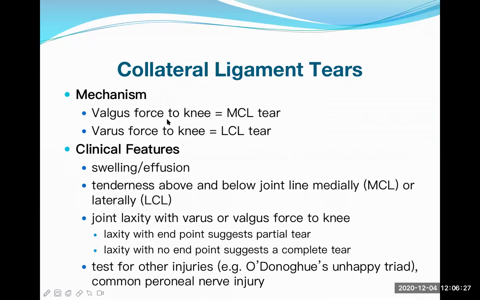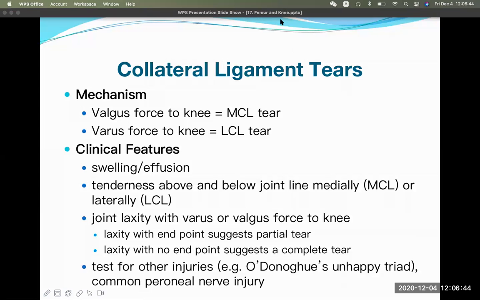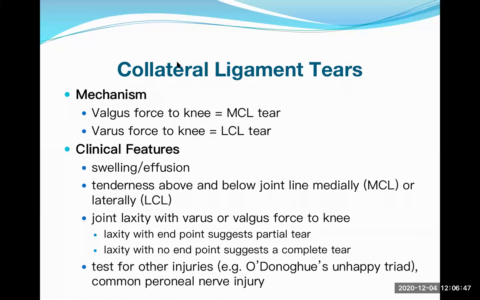Valgus force is needed to injure MCL, and varus force is needed to injure LCL. If you remember the meaning of valgus and varus, it is quite easy for you to remember this.